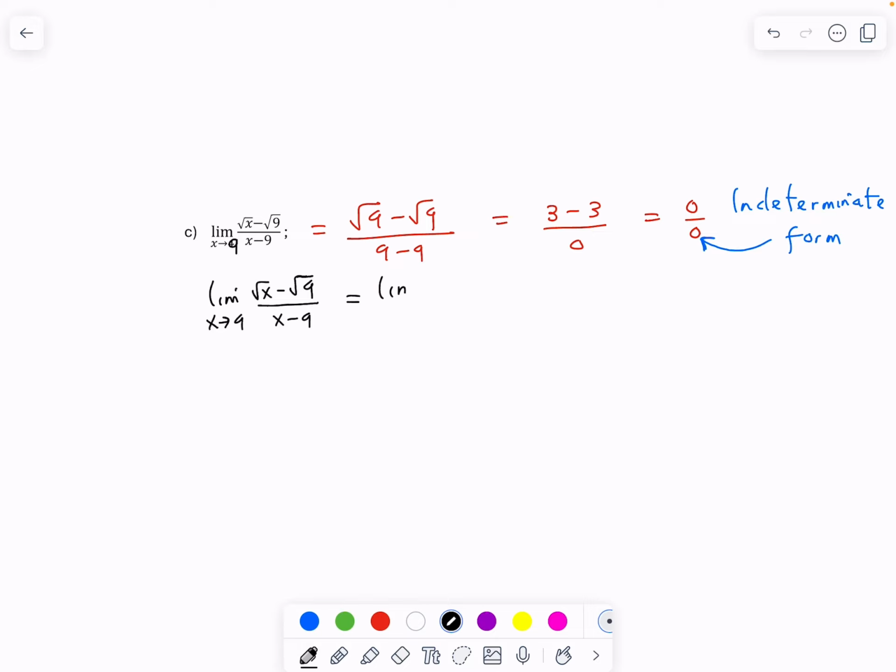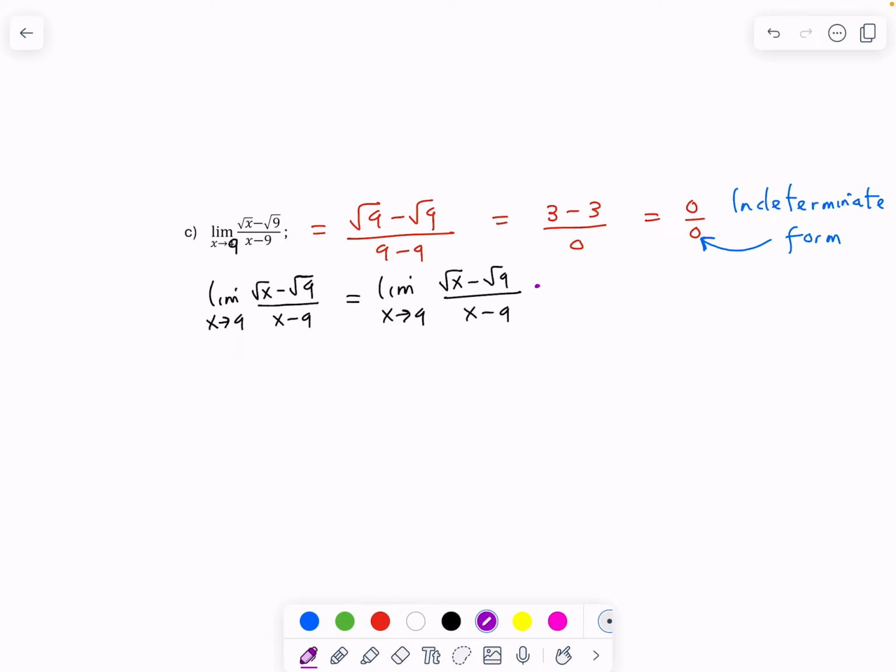When you talk about rationalizing the numerator, you're simply talking about multiplying the numerator and the denominator by the conjugate of the numerator. So what's the conjugate here?